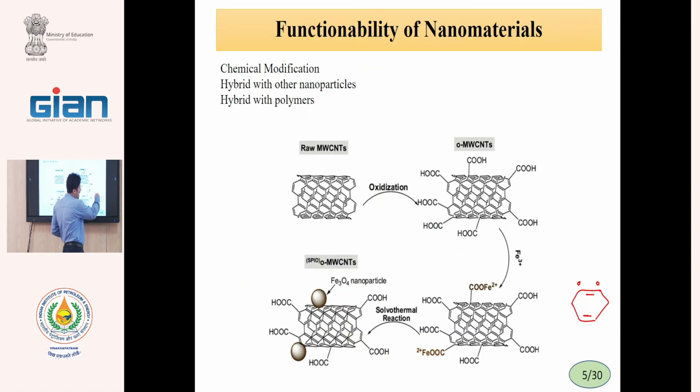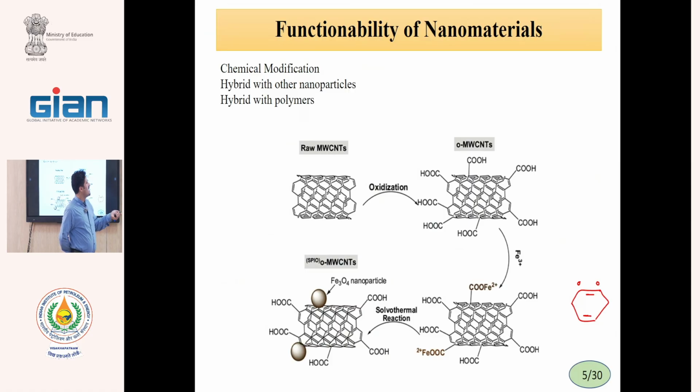We have an active area for reaction, and we can add different functional groups, amine groups, acid groups, sulfonic groups, hydroxyl groups, to the surface of the carbon-based nanomaterials, and we change the charge. We change the configuration.